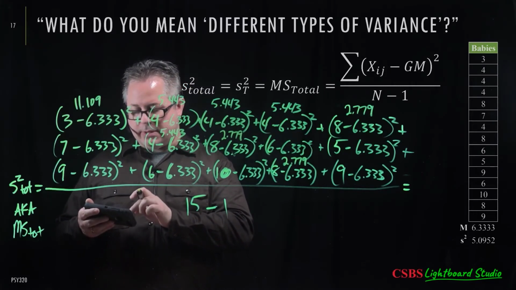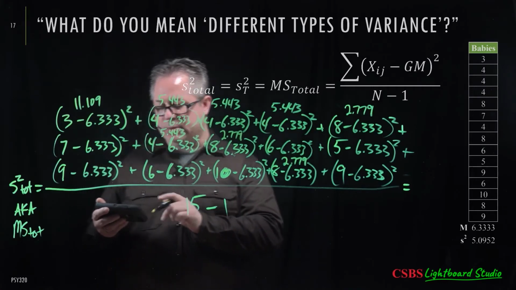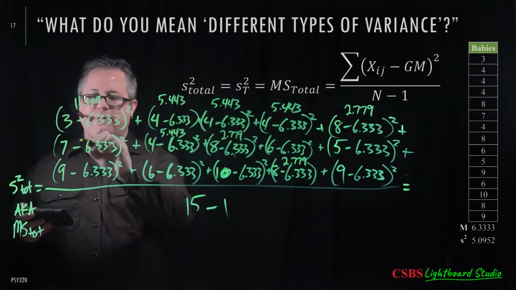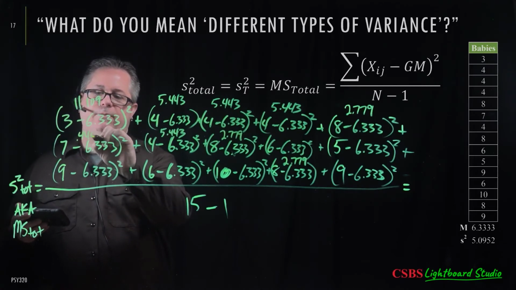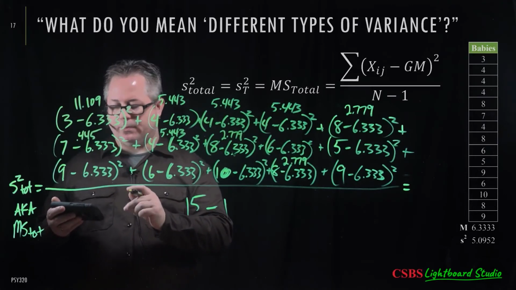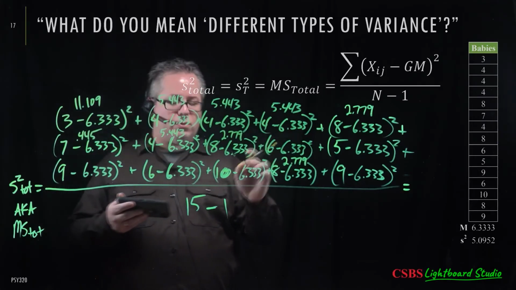Alright, 7 minus 6.333 is going to be 0.667. 0.667 squared is 0.445. Are there any other 7s? Nope.